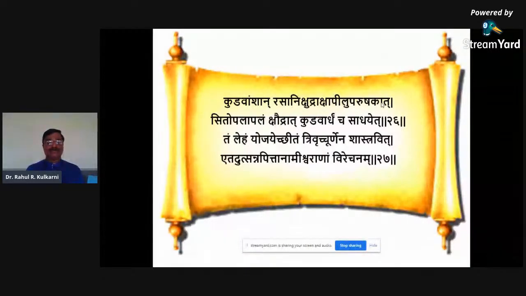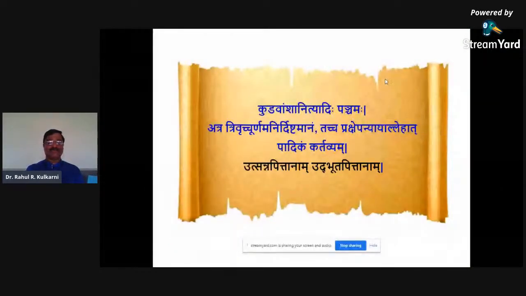Etad utsanna pittanam ishwaranam virechanam. Again he has used the ishwaranam virechanam, but what he has used is utsanna pitta. In Sukumara and Samyak Snigdha Purushas, Utsanna Pitta means the Pitta is already aggravated and it is ready to come out with very less efforts. In such conditions, if you give this avaleha, it helps for easy virechana and comfortable virechana.